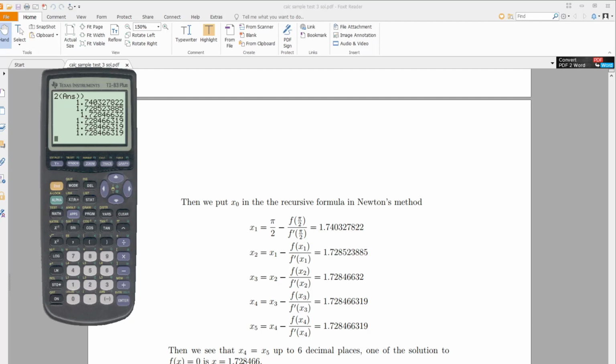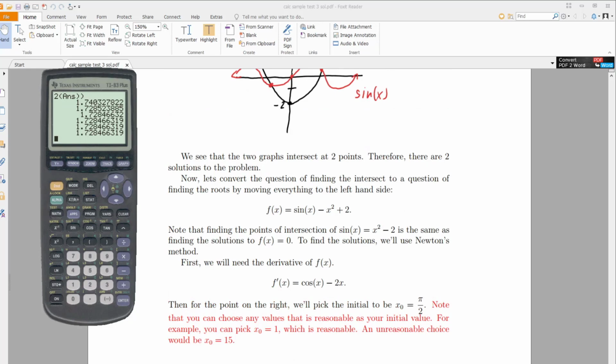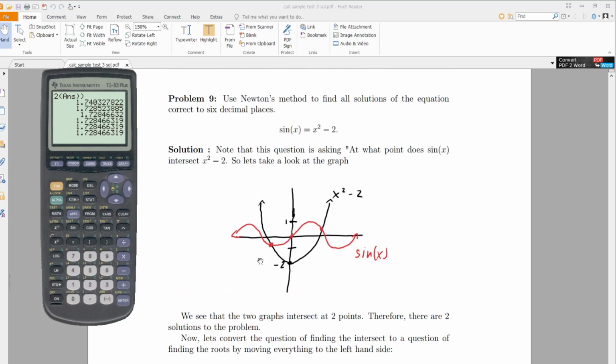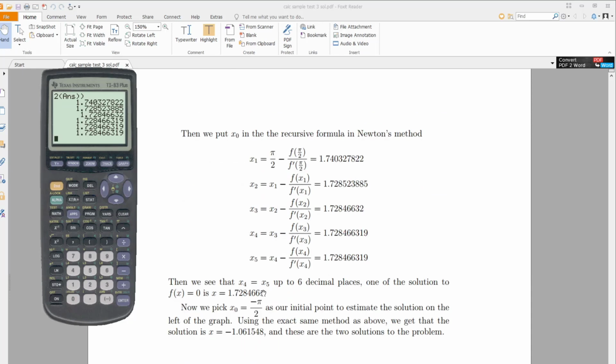And now, we do the same thing if we pick some point to the left, something close to the solution on the left-hand side. In this case, I choose minus pi over 2. So I do the exact same thing. Minus pi over 2. Click enter. Again, just rewrite the entire function.